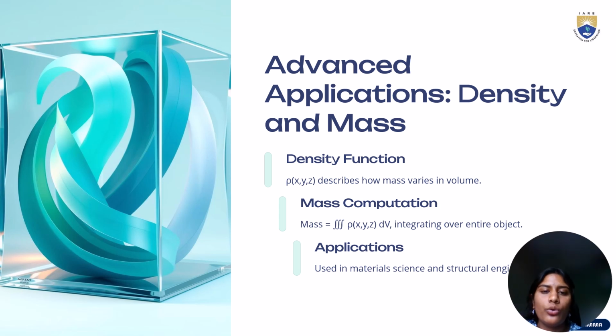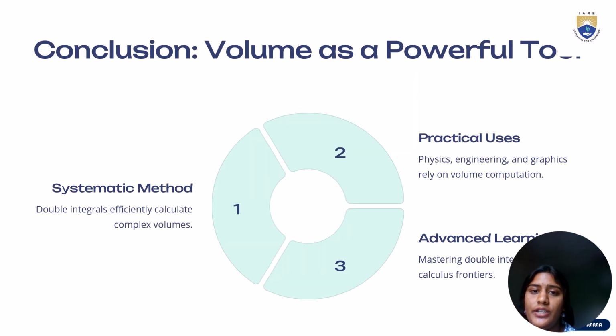So rho of x comma y comma z describes how mass varies in volume. Mass computation is often defined by a triple integral, since we have three variables here, of rho of x comma y comma z dV, integrating over an entire object. These techniques are critical in material sciences and structural engineering.